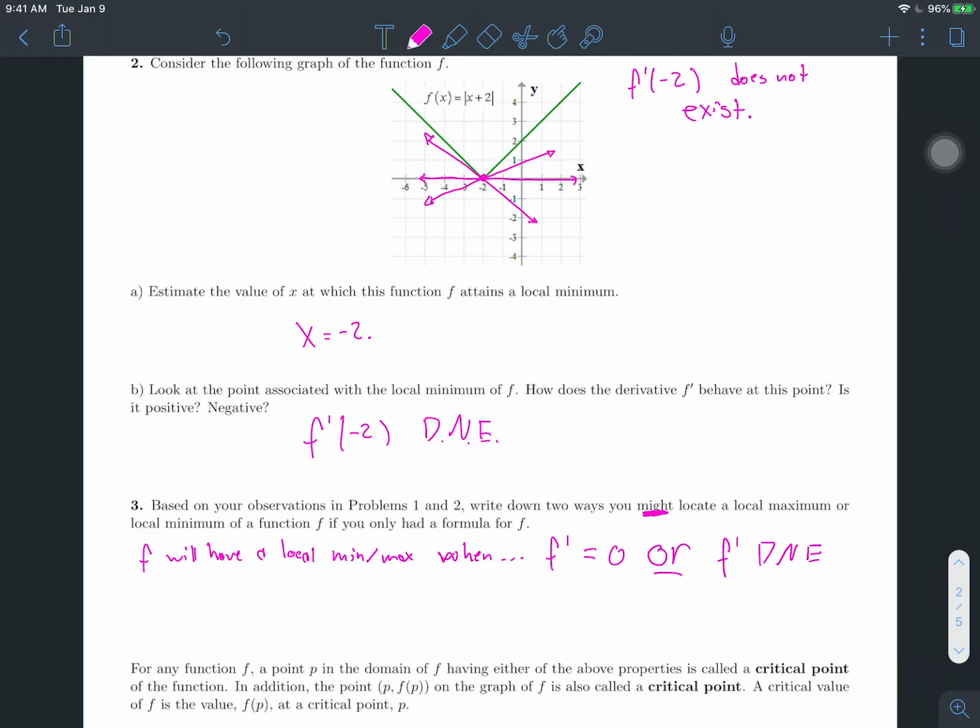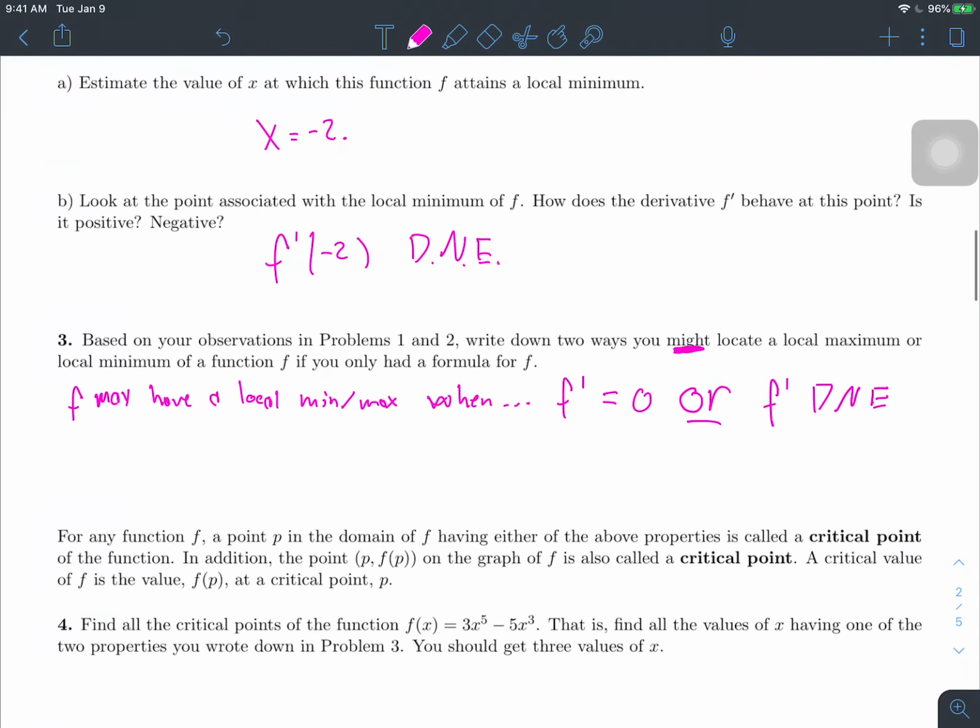So what I really should say is not that F will have a local min or max. I should say F may have a local minimum or maximum when F prime equals 0 or F prime does not exist. Okay? So this is the definition of a critical point.